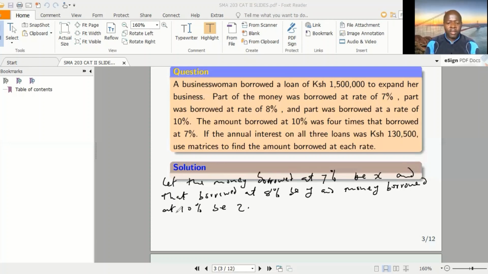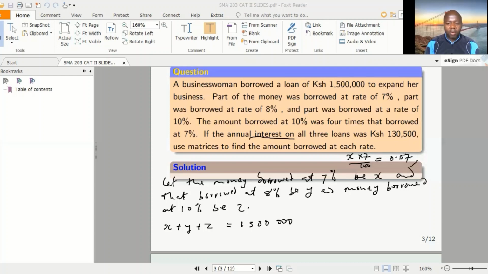So therefore this tells me that the total amount borrowed was x plus y plus z, and this is said to be 1,500,000 Kenyan shillings. Now we are told that the annual interest on all the 3 loans was this. Now what is the interest on x? The amount x was borrowed at 7%, so the interest will be 0.07x.